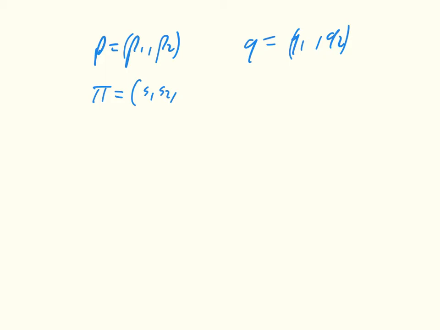So S1, S2, S1 times 1 minus S2, and I'll define S1 and S2 shortly, but just to reassure you, they are simply there for ease of notation. 1 minus S1 and S2, and then finally 1 minus S1 times 1 minus S2.